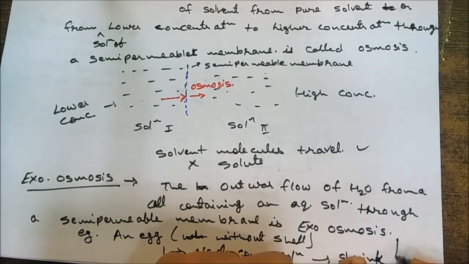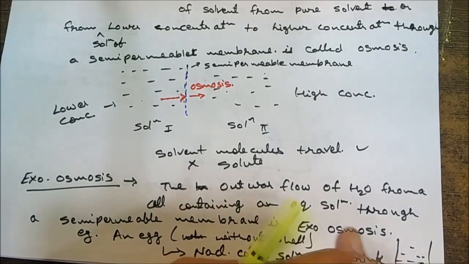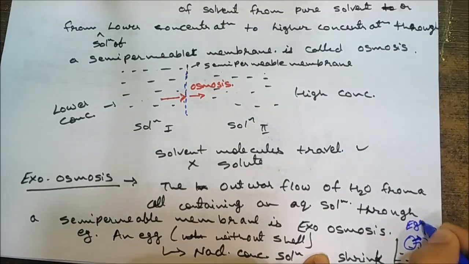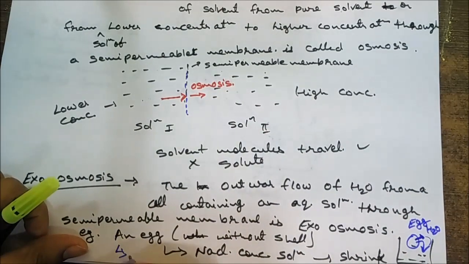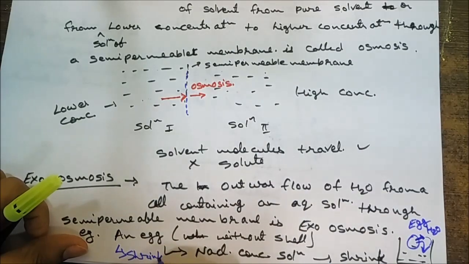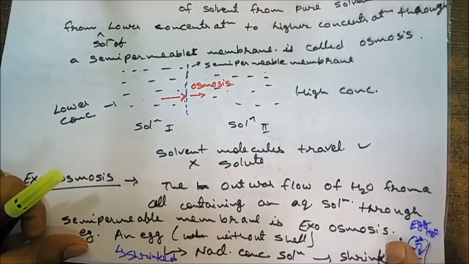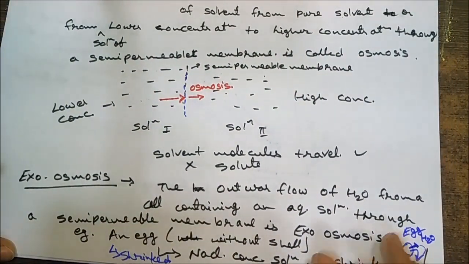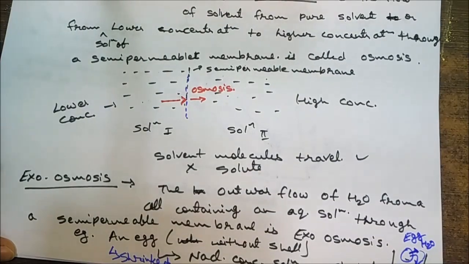So this is our sodium chloride solution, and when we put the egg inside, the water from the egg will come out into this solution and the egg will shrink. This is called exoosmosis because the water from any body is coming out into the aqueous solution.